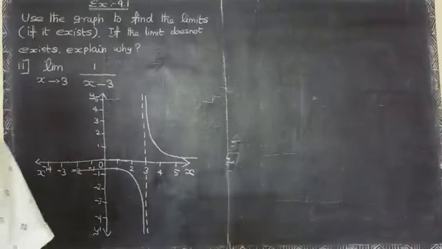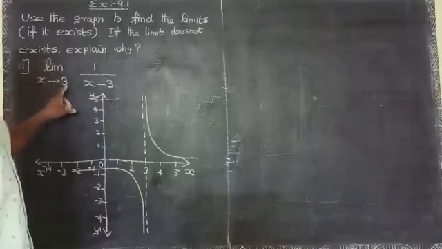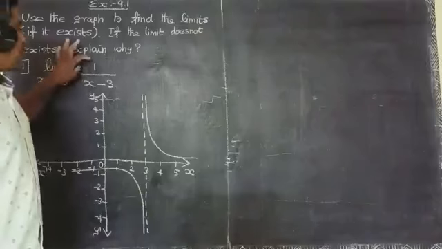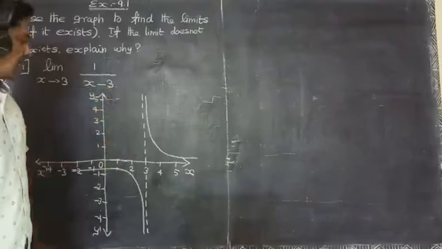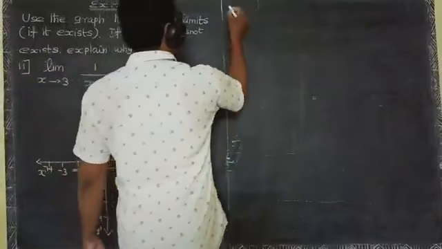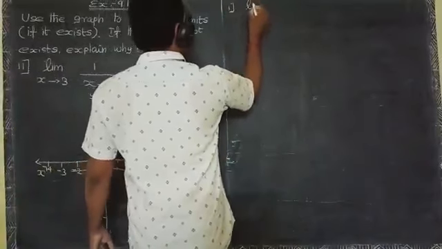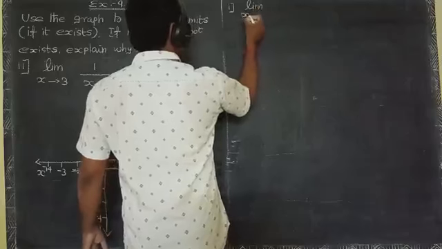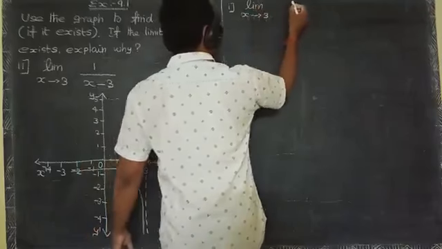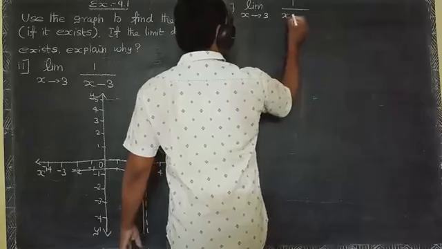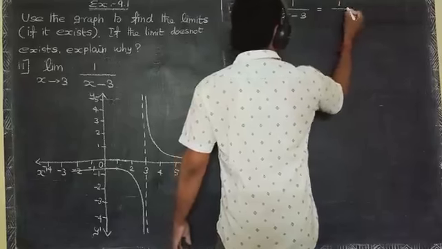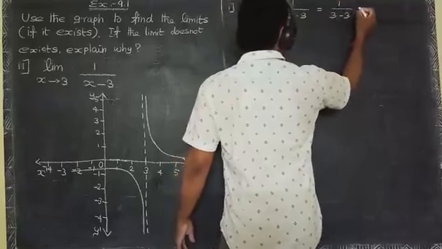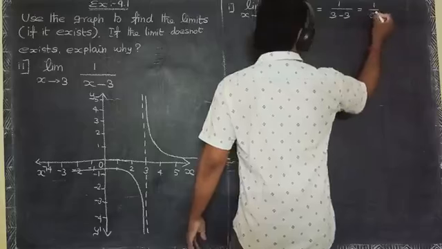Next, question number 11. Limit x approaches 3, given the function 1 divided by x minus 3. This is the figure. Here the first one, limit x approaches 3 of 1 divided by x minus 3. Substitute x equal to 3: 1 divided by 3 minus 3, 1 divided by 0.